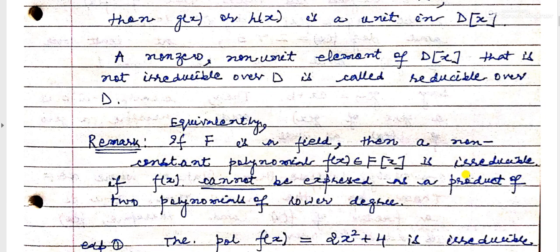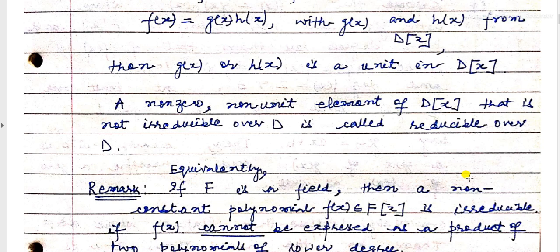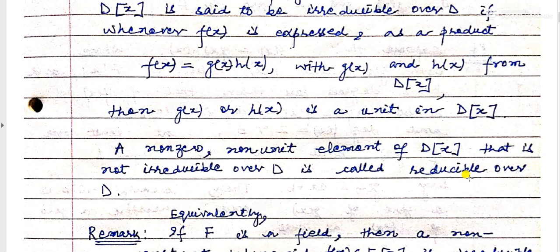So a non-zero non-constant polynomial f(x) belonging to F[x] is irreducible if f(x) cannot be expressed as a product of two polynomials of lower degree. And the reducible polynomial definition is very clear. A non-zero non-unit element of D[x] that is not irreducible over D is called reducible over D. So this is the definition of irreducibility.